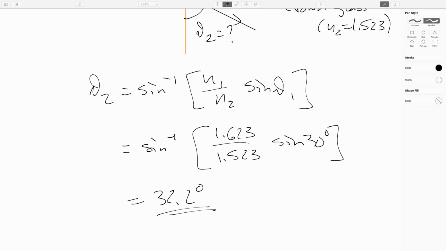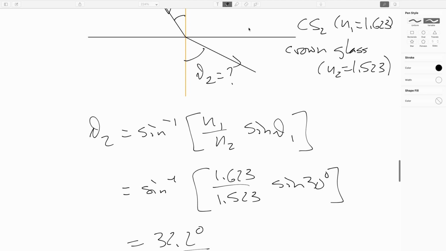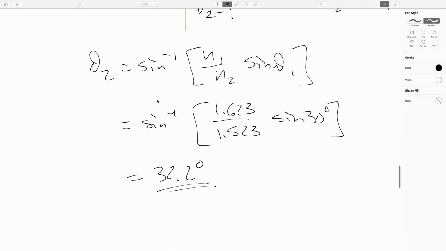So one of the other things that we saw in the video, though, was that as the angle got bigger and bigger, in this case here where we're going from a higher index to a lower index, we saw that as the incident angle got ever bigger, of course the angle of refraction would get ever bigger, but then this means that this angle is tending towards 90 degrees before this is ever going to get there.